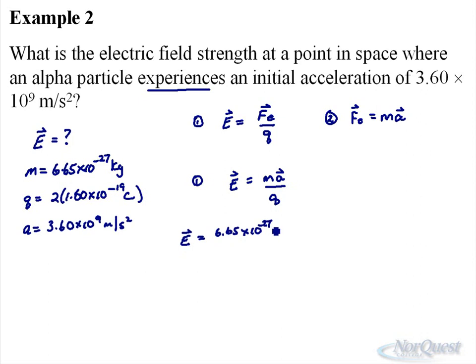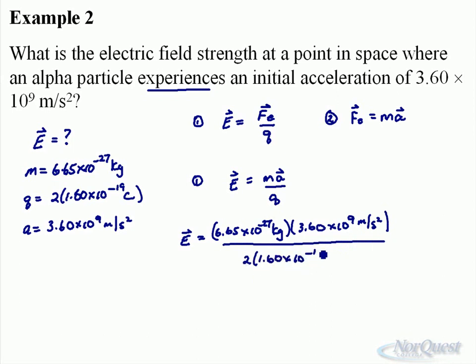I have all those numbers, so the electric field is equal to 6.65 times 10 to the negative 27 kilograms times the acceleration, 3.60 times 10 to the 9 meters per second squared, divided by the charge, 2 times 1.60 times 10 to the negative 19 coulombs.